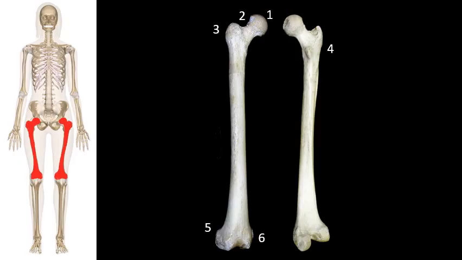Okay, so here we have the femur, and okay, our main points here. Number 1, we have a head. Number 2 is a neck. Number 3 is referred to as the greater trochanter.